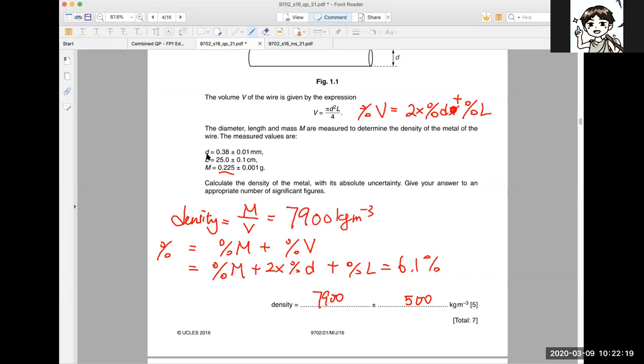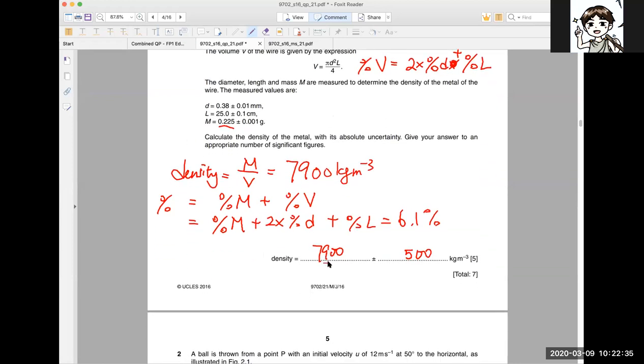So in 2SF it should be 7900, and then when adding or subtracting, you should have the same decimal place. The last digit is 100, so it should be consistent in decimal place.